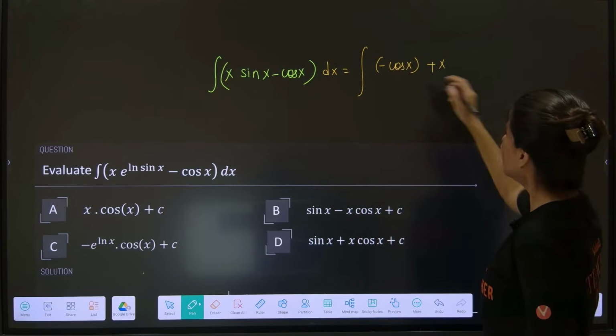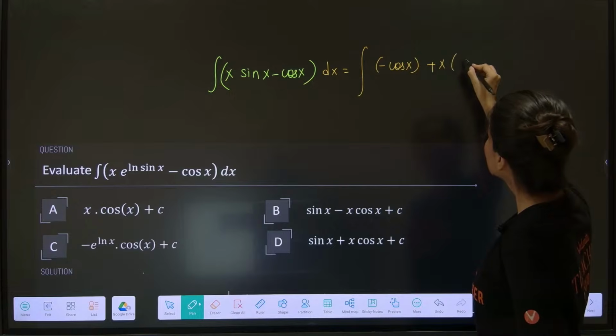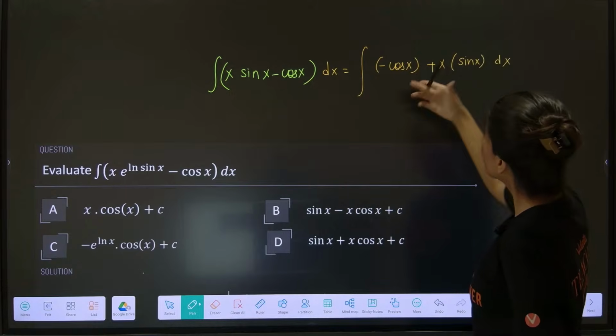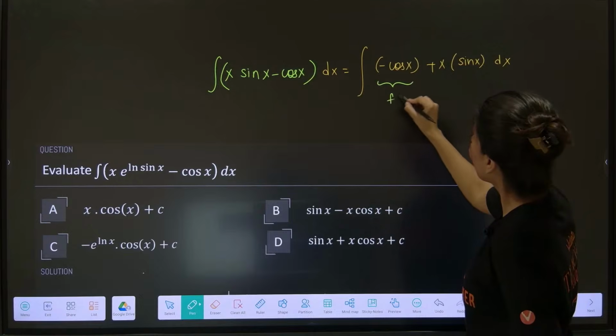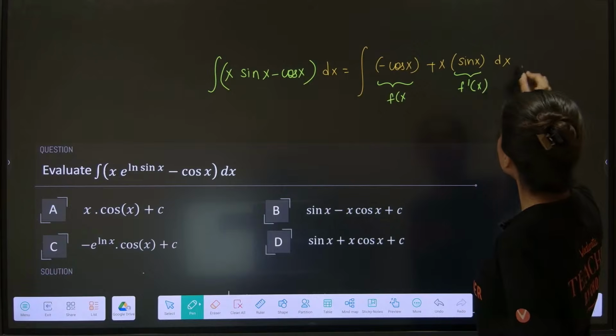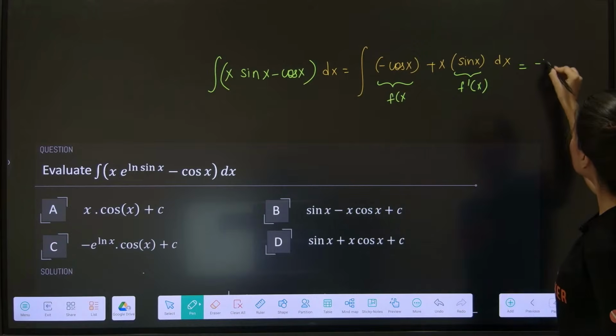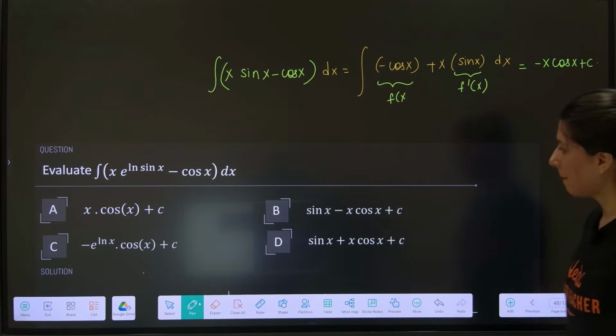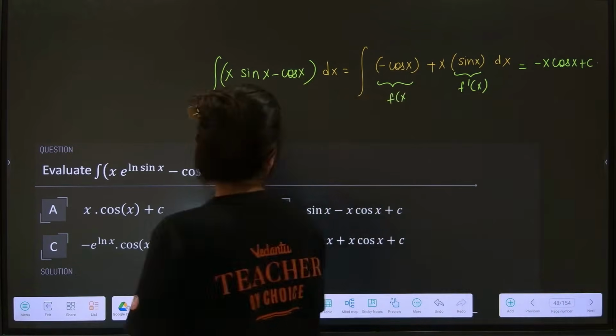The derivative of minus cos x is minus minus sin x, plus sin x. So can you see this is your f x, this is your x, this is your f dash x. So integration will be what? x f x. So minus x cos x plus c.